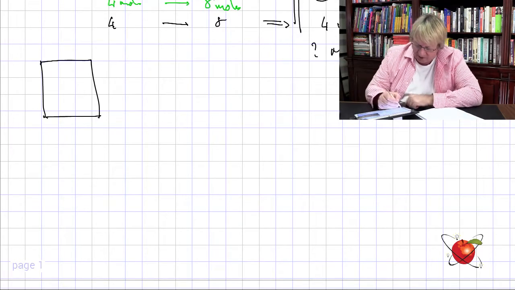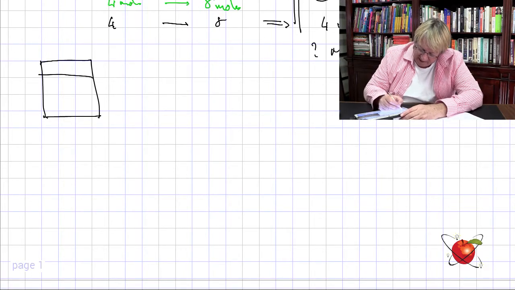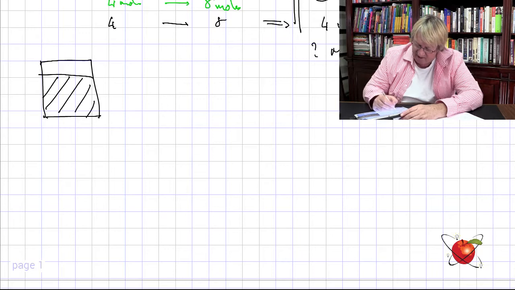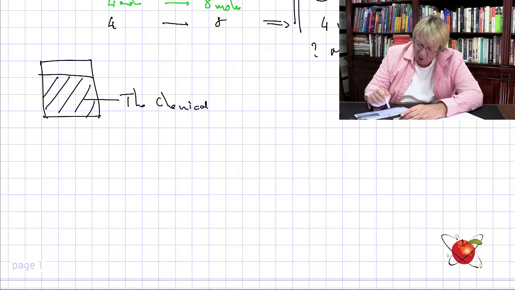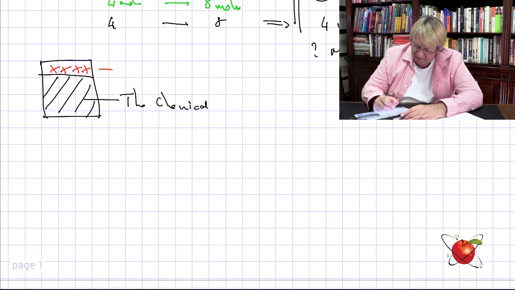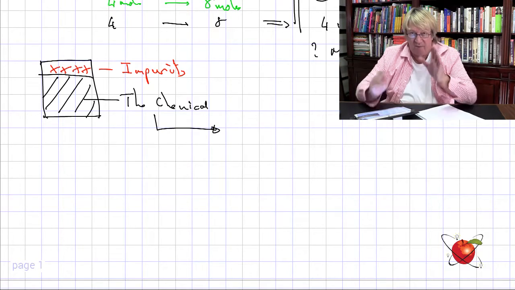In our product over here, we've got the chemical, the stuff, but let us say that there is the chemical, okay? That we want to find out how pure this is. What is this piece at the top? This is our impurities, isn't it? So what do we essentially want to do? We want to extract that out, and we want to measure how much of the actual chemical there was in the sample.